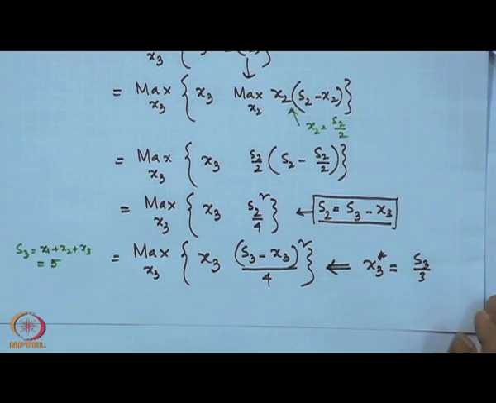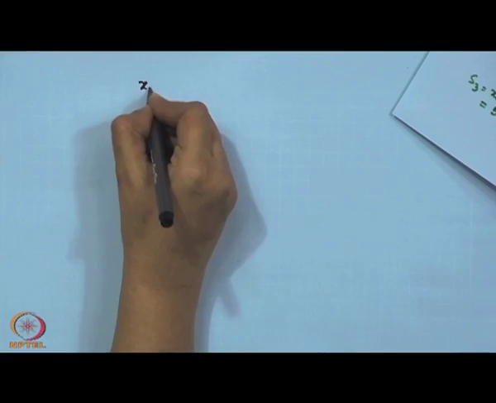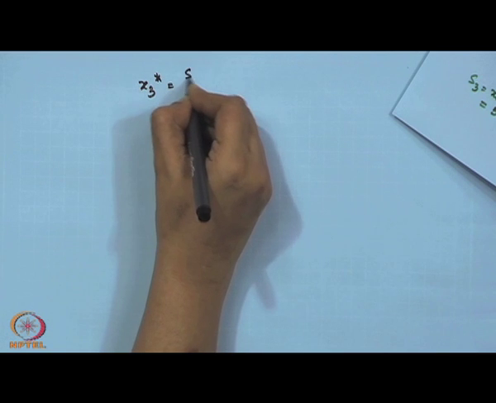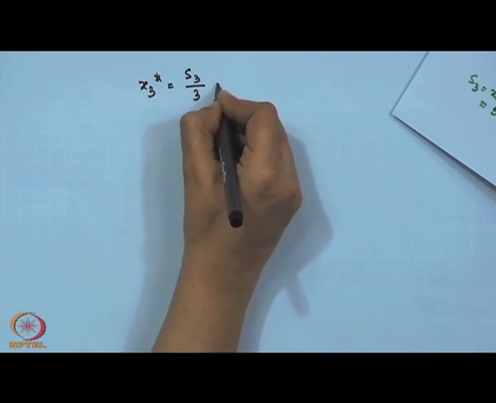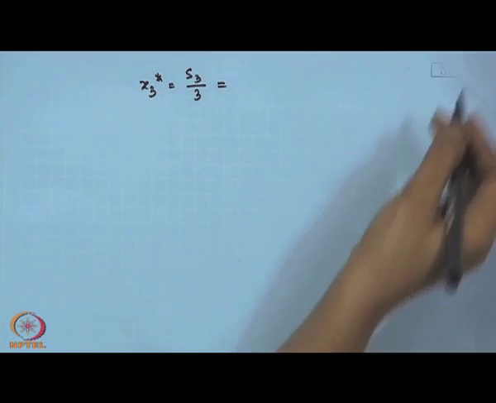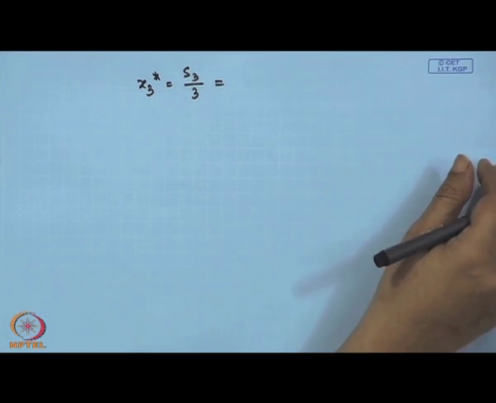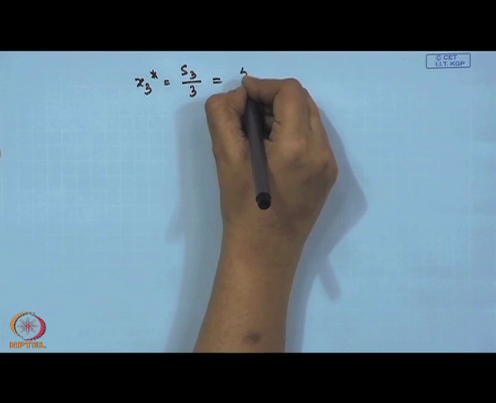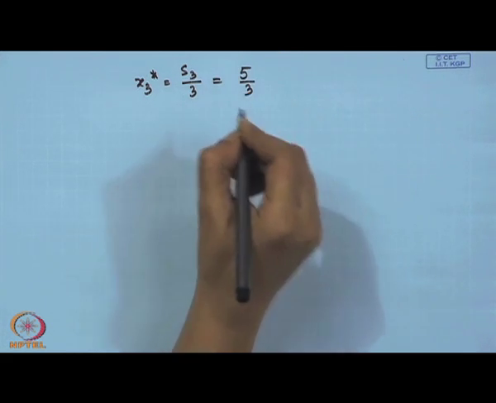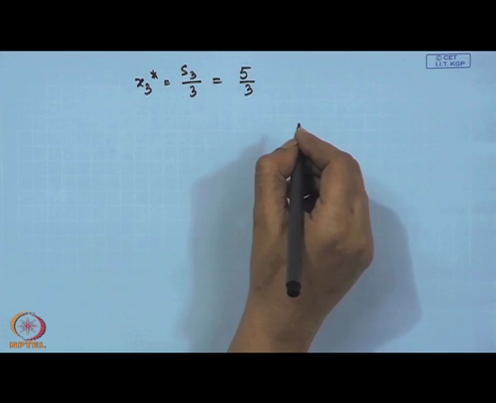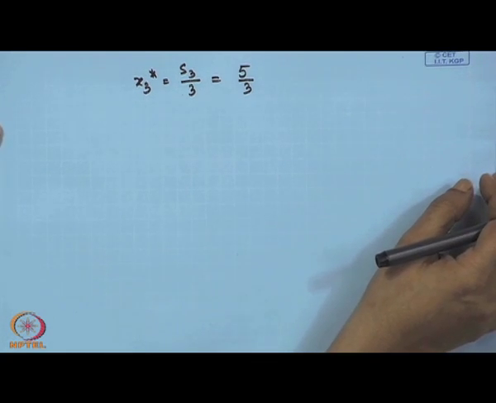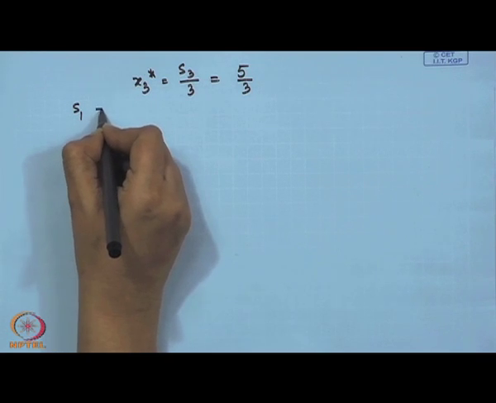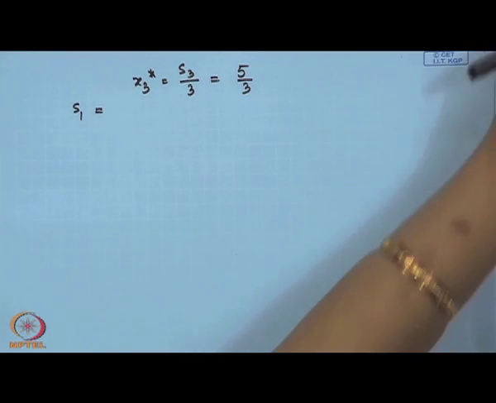Now just now we have said that s3 means x1 plus x2 plus x3, and the value is equal to 5, because that is a given constraint for us. Thus we can say that x3 is equal to 5 by 3.